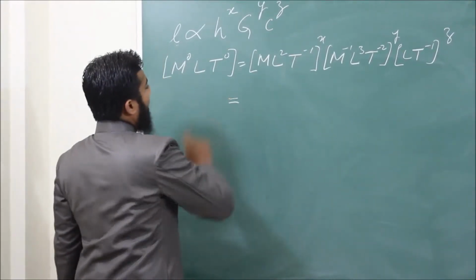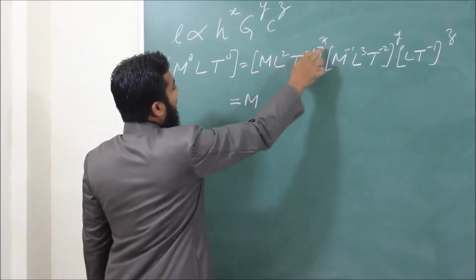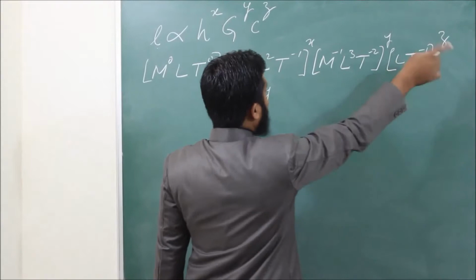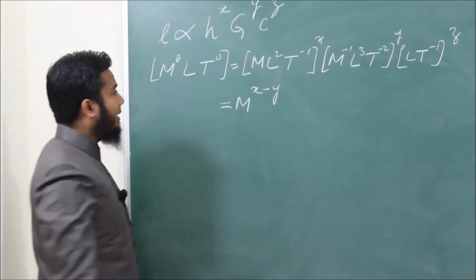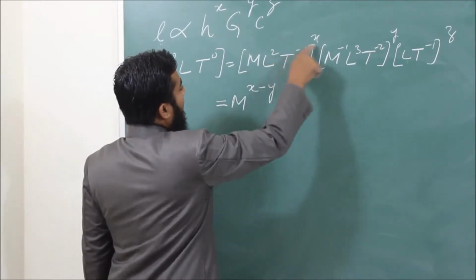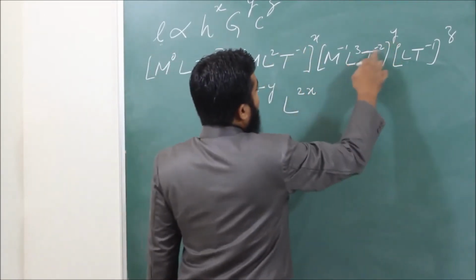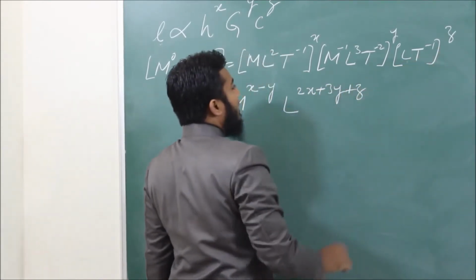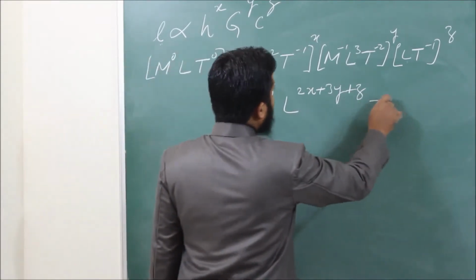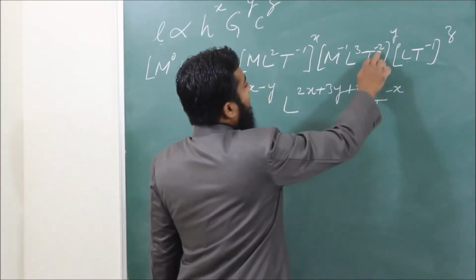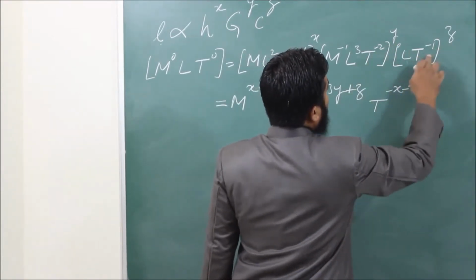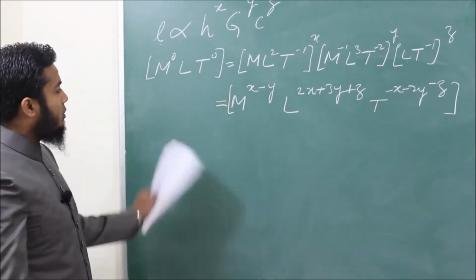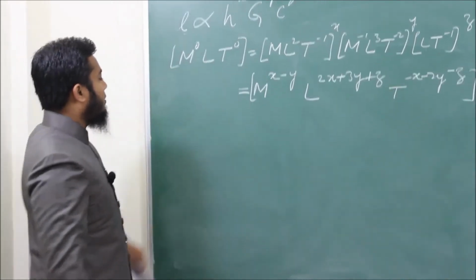Now collect the powers on the right hand side. M will have total power X minus Y, and no M there, so just M raised to the power X minus Y. And L will have total power plus 2X and plus 3Y, and here Z, so plus Z. Then time will have total power minus X from here and minus 2Y and then minus Z. Okay, now the dimensions on both sides should be same, so X minus Y must be equal to 0.